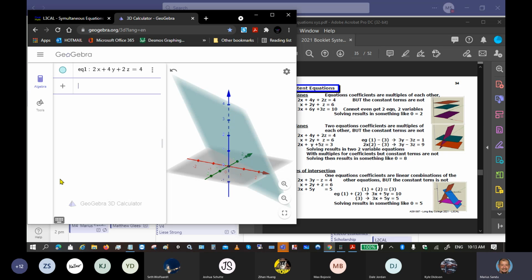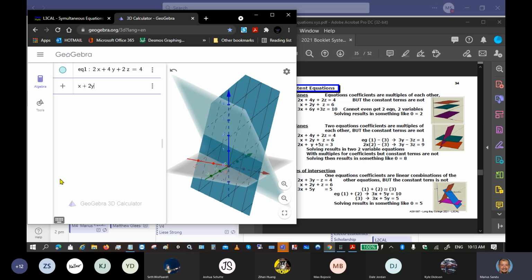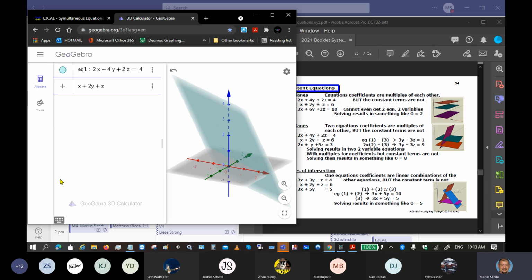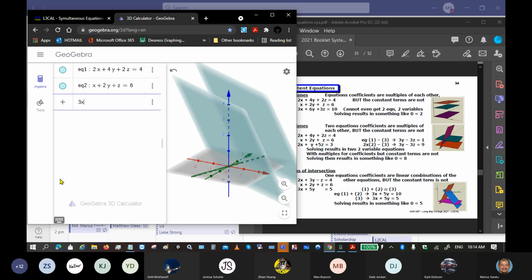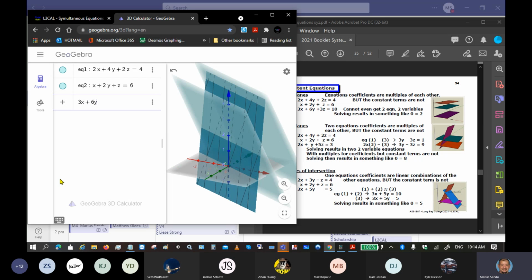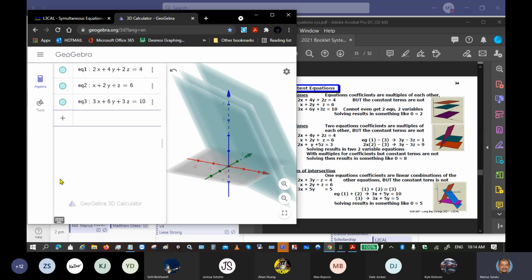The second one is x plus 2y plus z equals 6. And the third one, 3x plus 6y plus 3z equals 10.